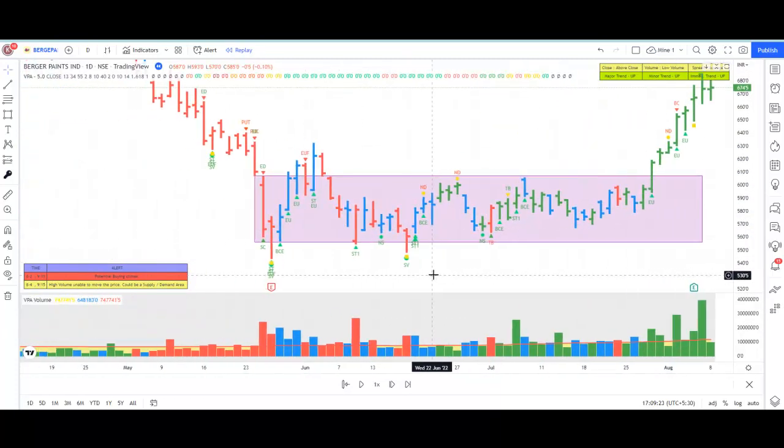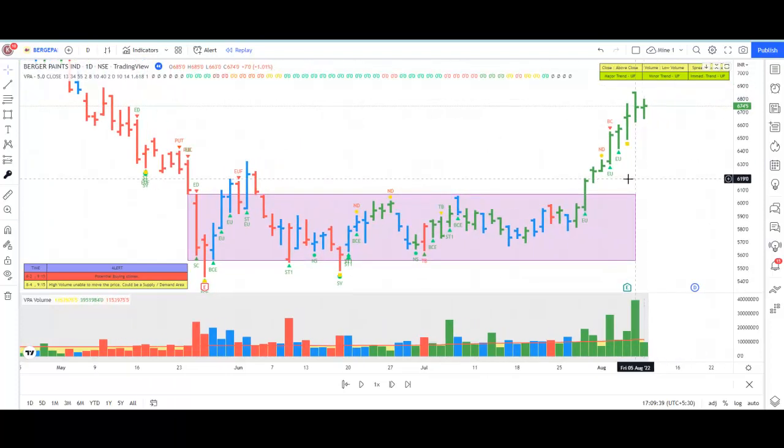So it is clear that the selling climax bar stopped the downtrend and some consolidation happened within the shadow of the selling climax bar, and finally it broke out and the stocks started moving up. So this is another good example of the selling climax bar.